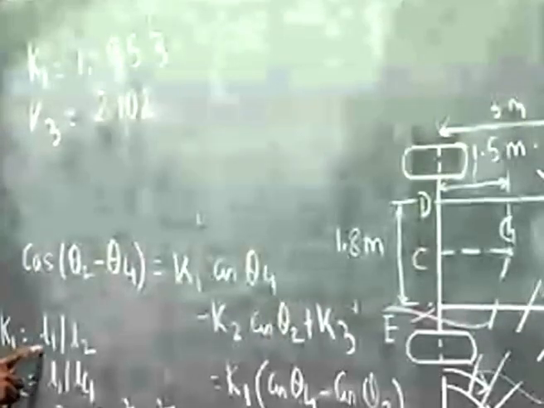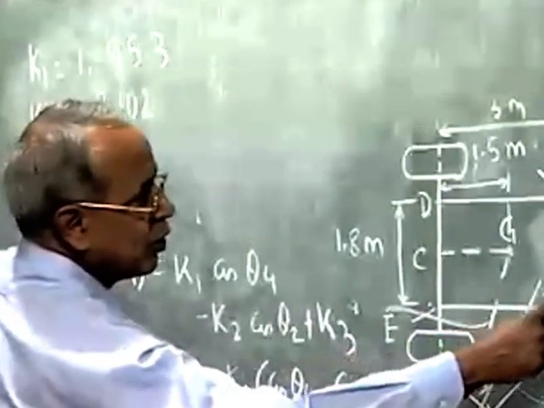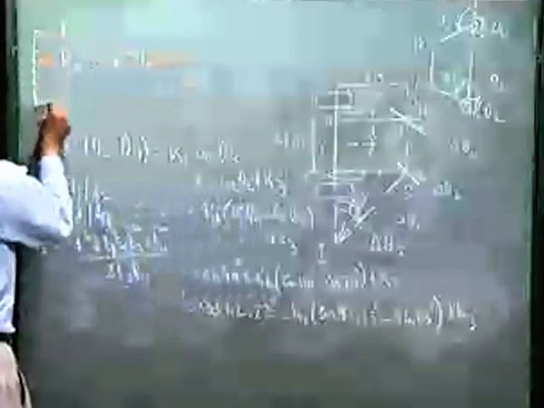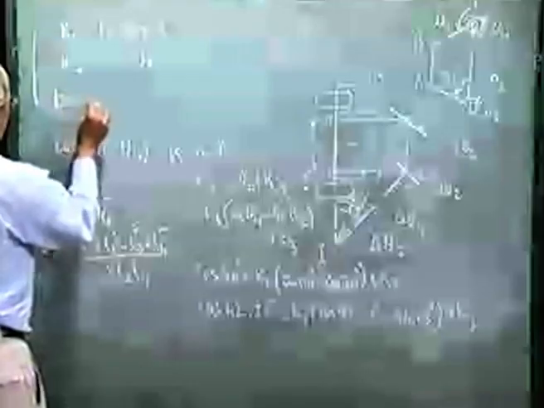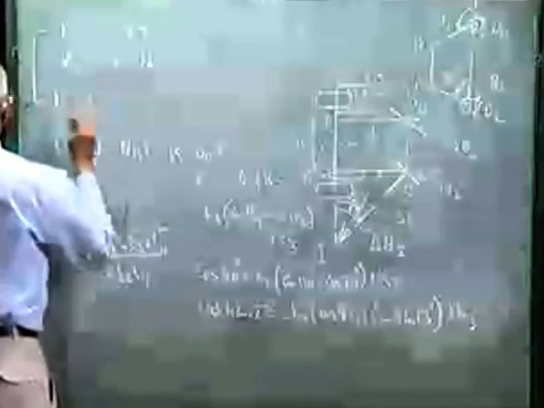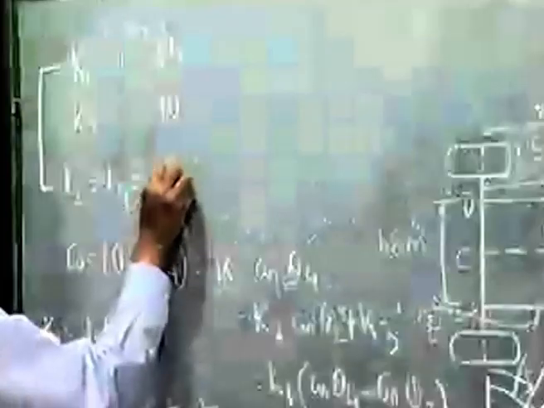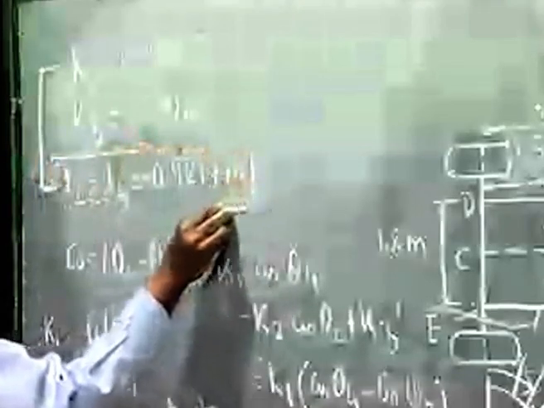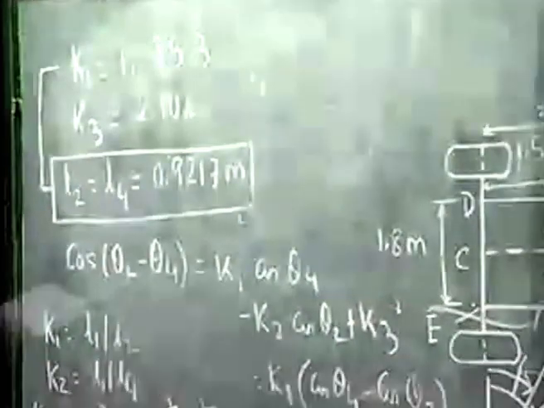So L1 is given to us, L1 is 1.8 meter. So from here I get L2, which is same as L4, is equal to 0.9217 meter.